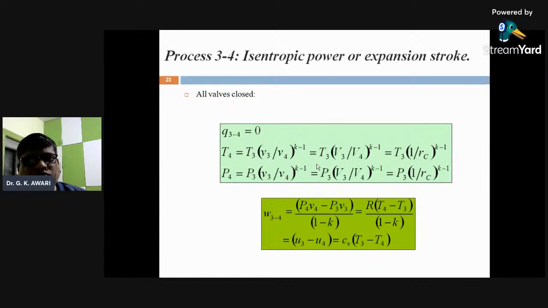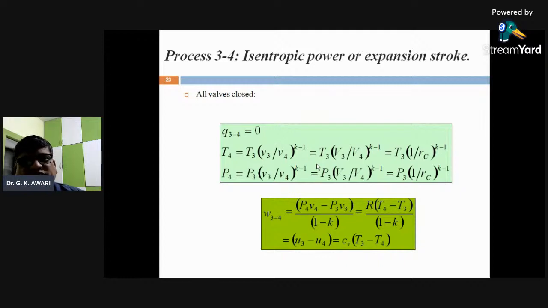Then P4 is equal to P3 times (V3 by V4) to the power of K, and finally P4 is equal to P3 times (1 by RC) to the power of K.